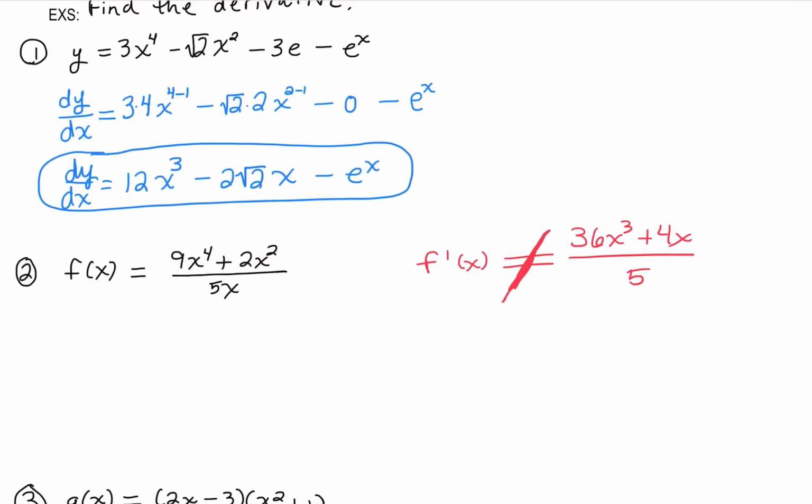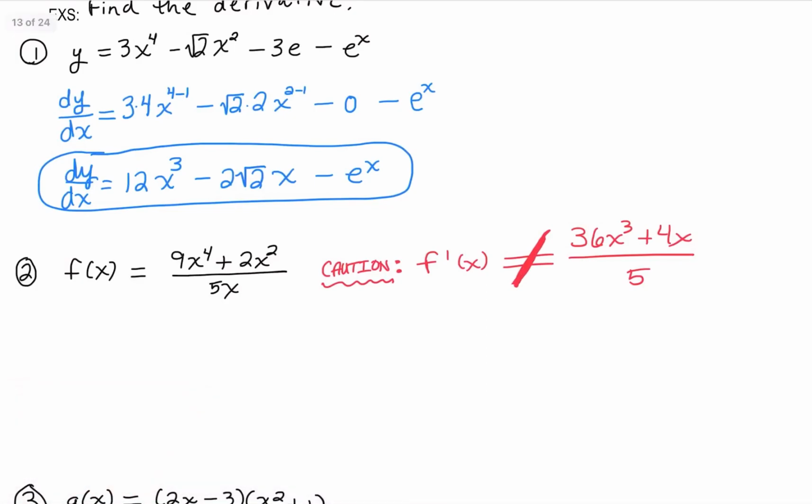Okay, so this is the caution. And it's very tempting to do this, but we have not said you can take the derivative of a fraction by taking the derivative of the numerator divided by the derivative of the denominator. And so we need to be really careful about that. Very common mistake when people are first learning their derivative rules.